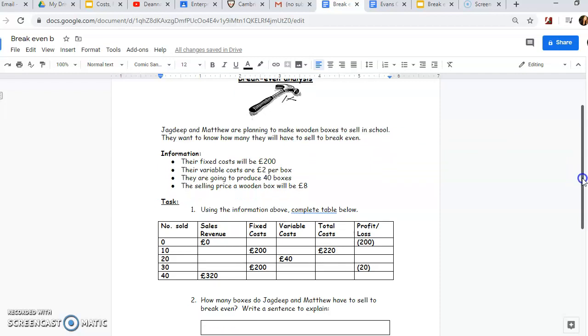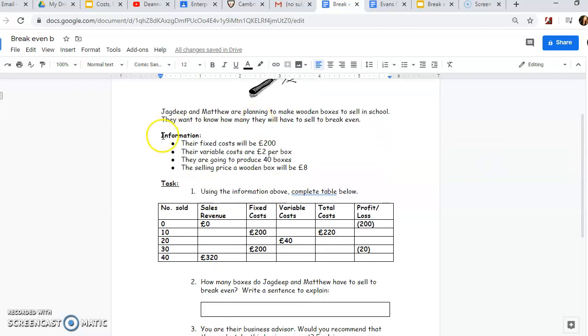Sorry for repeating that. The information we need to know: the fixed cost will always be £200. Their variable cost is £2 per box, and they are going to produce 40 boxes. The selling price is £8, and what you've got to do is fill in this table here.